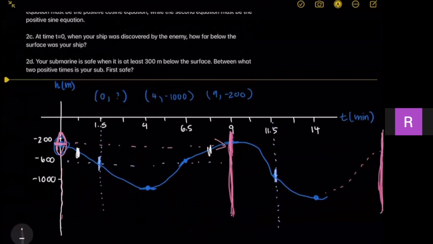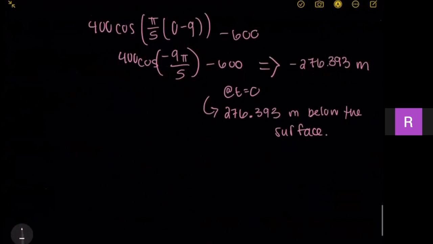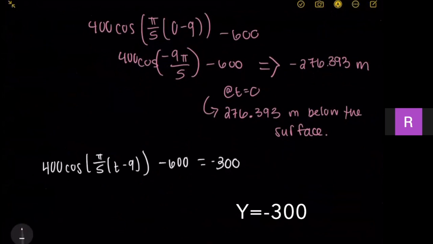We can find this by setting our sine or cosine equation equal to negative 300, because we are changing the y value. So if we go down here and we set our cosine equation equal to negative 300, we can now work backwards to solve and figure out what time this would be at.